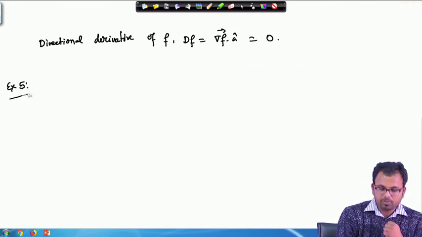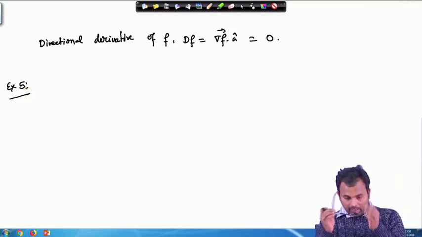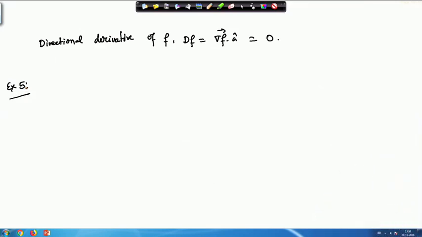Next problem is motivated from the level surface and the tangent plane normal to the surface. All right. So, let me write the problem.